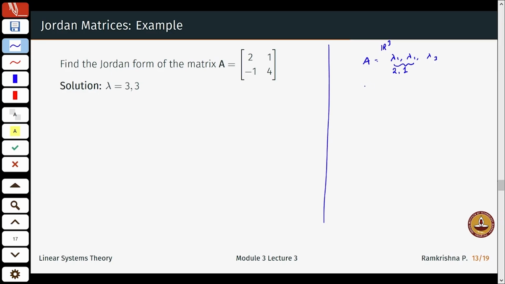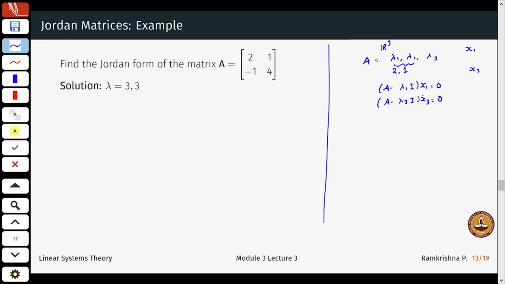I can find two independent eigenvectors, let me call them x1 and x3. They will come as solutions of A minus lambda 1 I times x1 equal to 0 and A minus lambda 3 I times x3 equal to 0.